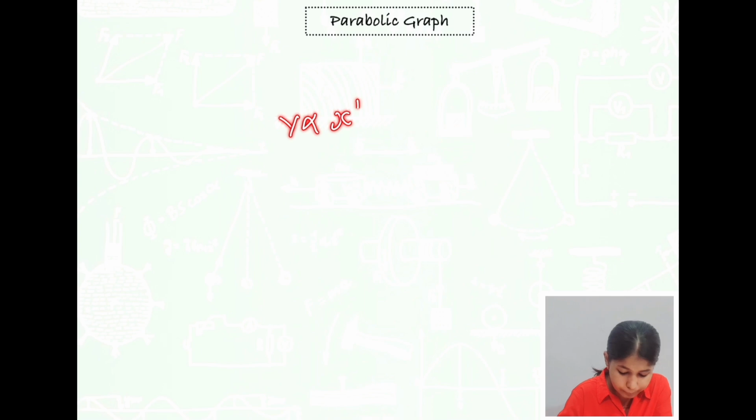First of all, as I have told you, if y is directly proportional to x with power 1, it will form a straight line graph. If it is less than 1, it will form an inverse graph.